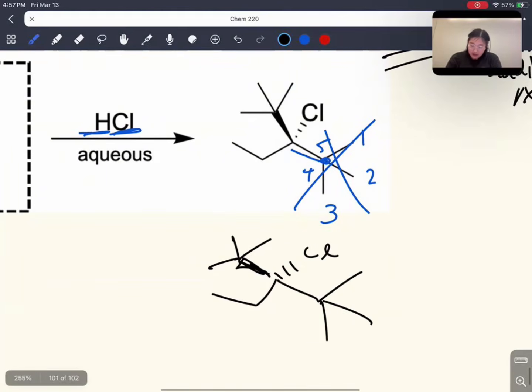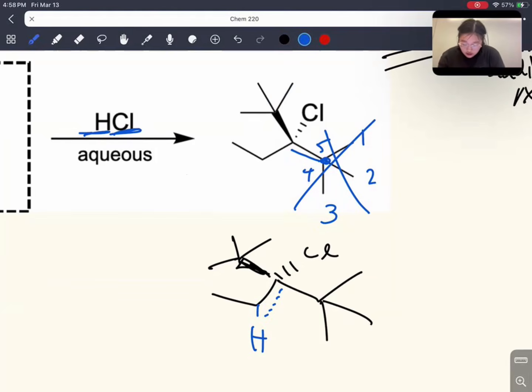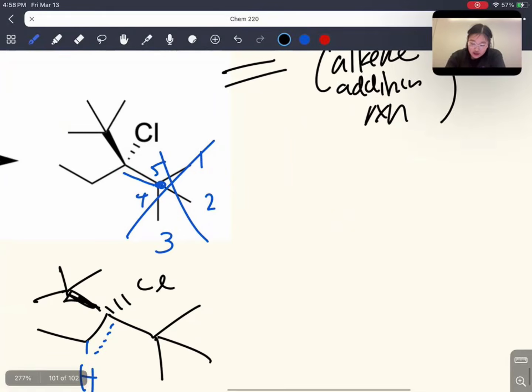So could this double bond have been here? That means the hydrogen added there. If I imagine a double bond over here, we have to remember that for an alkene addition reaction, Cl will bond to the higher substituted carbon.